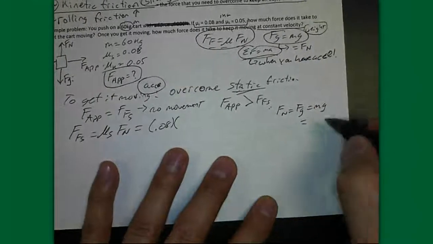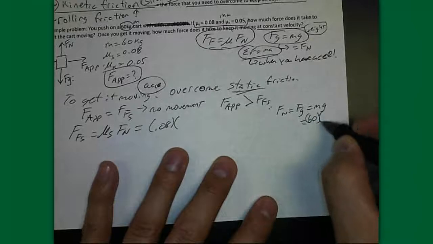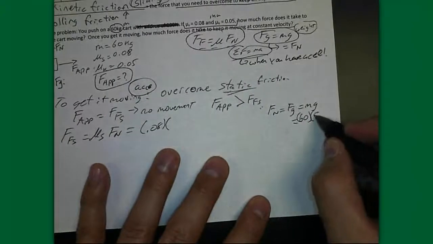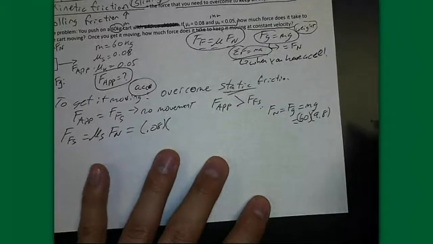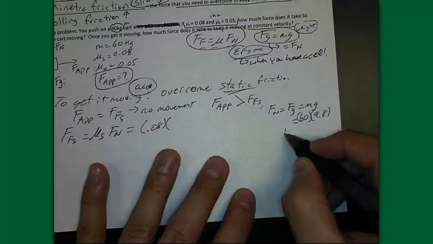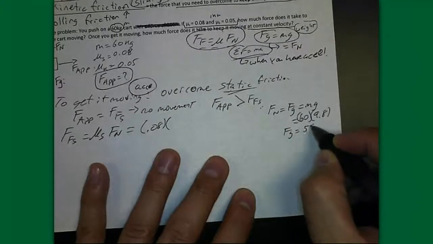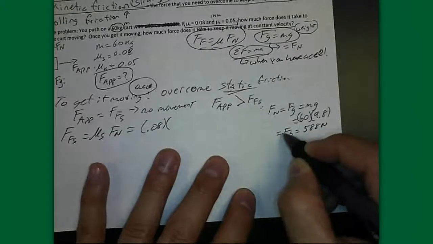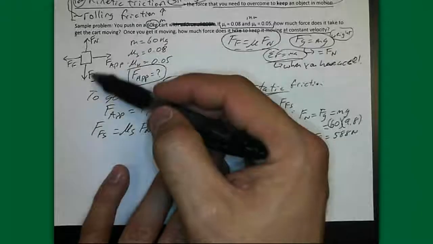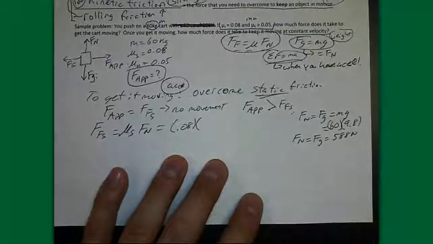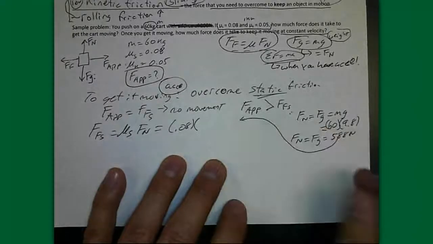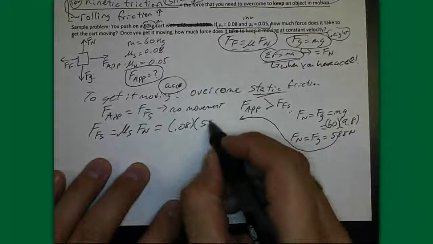The mass of this cart is 60 kilograms, and lowercase g is the acceleration due to gravity, which we all know to be 9.8 meters per second squared. 60 times 9.8 gives me a gravitational force of 588 newtons, and that is equal exactly to the normal force because we have balanced forces in the y direction. It's not falling through this surface that we're on.